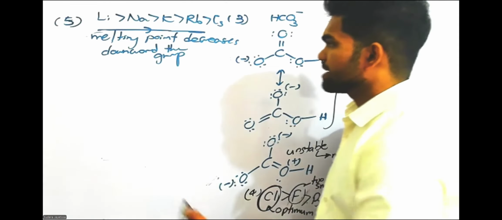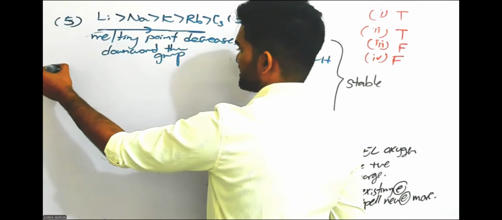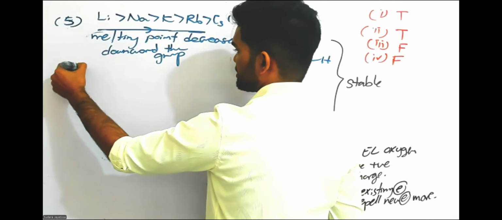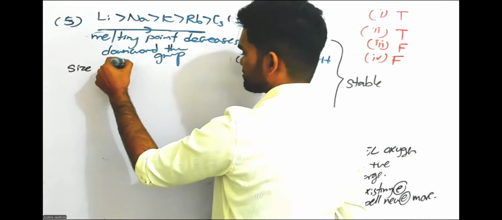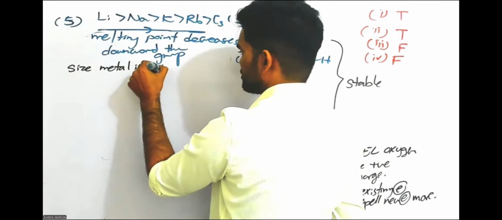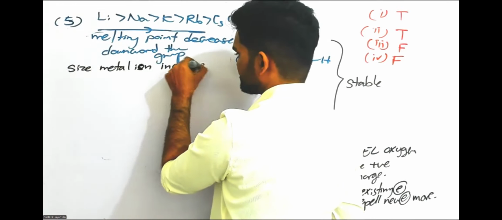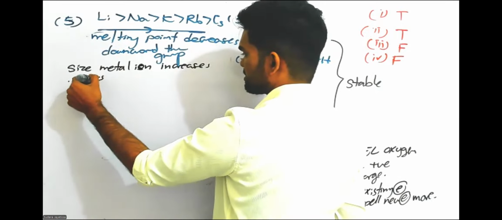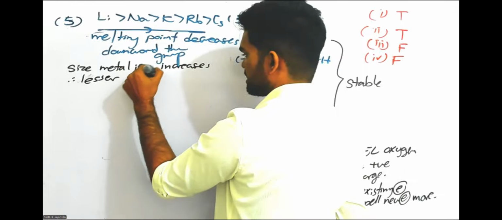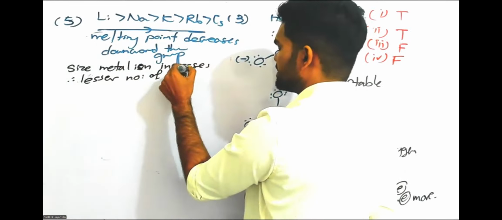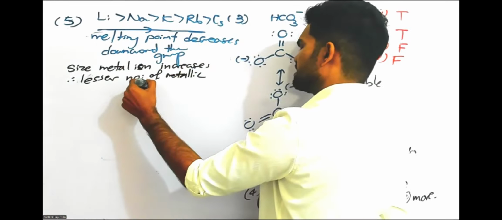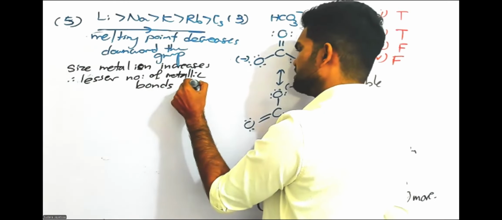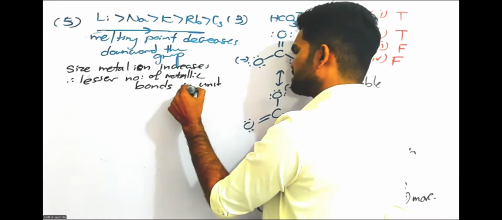Okay, you can say the reason: size of metal ion increases. Therefore, lesser number of metallic bonds in unit volume.